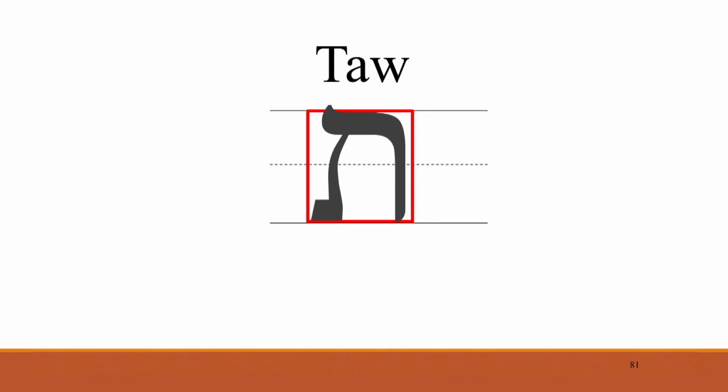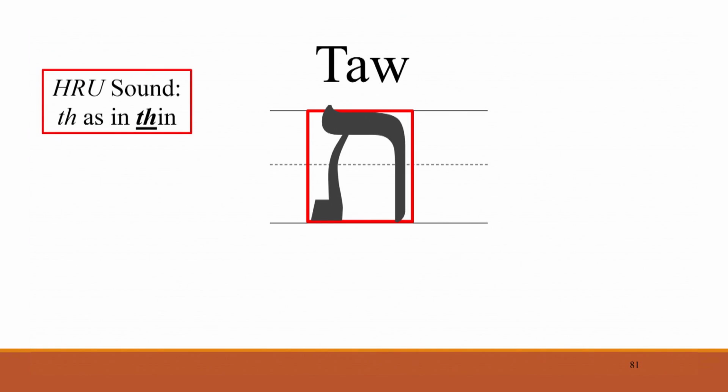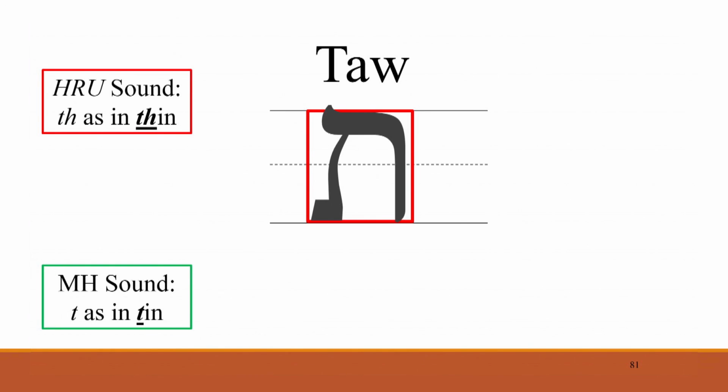And here's tav without the dagesh. In Hebrew, for the rest of us, the sound is given as the th in thin. So it's different than the th in the for the dalet without dagesh. This is voiceless. It's th, as in thin. The modern Hebrew sound is identical to tav with the dagesh.